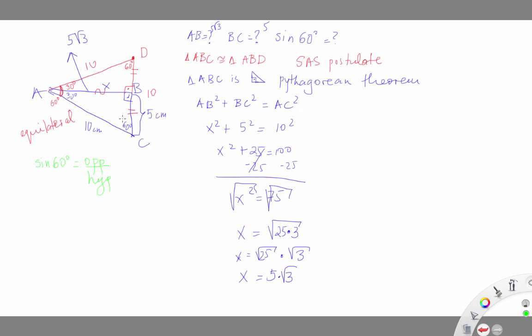So this is the opposite side over here, and here's the hypotenuse. So sine of 60 degrees is equal to 5 square root of 3 divided by 10. Guess what? I can simplify this fraction over here. If I divide the top by 5 and the bottom by 5, I get sine of 60 is equal to square root of 3 over 2.